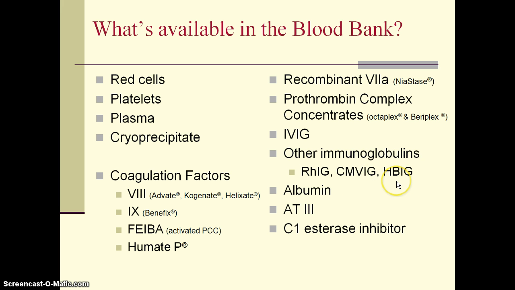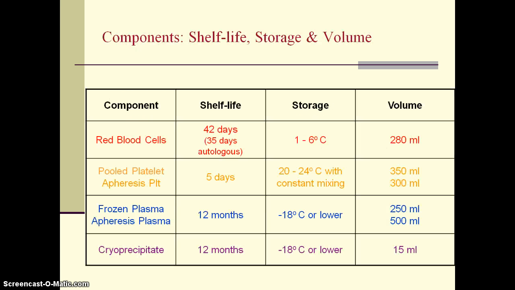This list is not inclusive. Albumin, antithrombin, and C1 esterase inhibitor are also available in the blood bank, and we will not be going through their specific uses today. In terms of the component blood products, here are the shelf life, storage, and volume of each product.